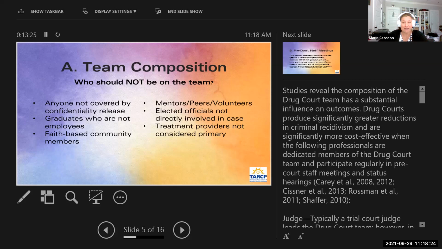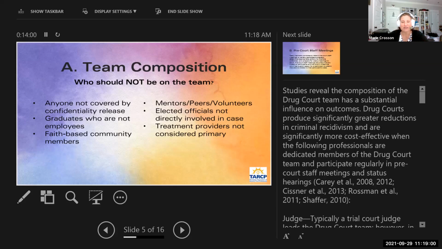So peers, certified peers or peers in general, that could be graduates or non-graduates, volunteers that may volunteer their services through community-based programs in the community, those should not be on your team in terms of who is sitting in the room, particularly at staffings. They may be a vital component to services for your program, but they should not be on that core team that I was just identifying in the last slide.